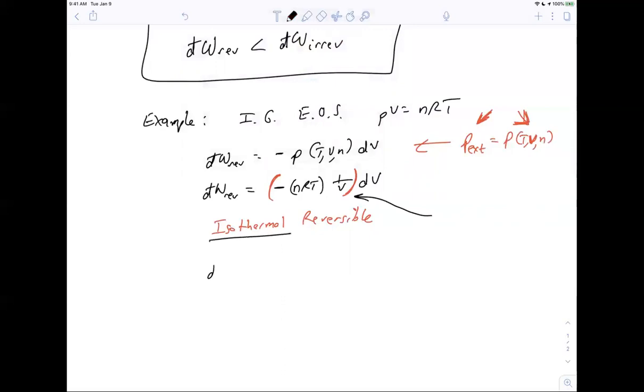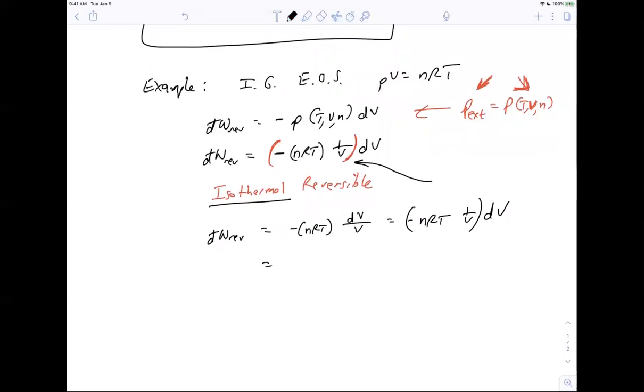So this dW reversible is equal to minus nRT times dV over V, which is equal to minus nRT 1 over V dV. It's all the same, there are two different ways. We can further write this dV over V as minus nRT d natural log of V. Remember, dV over V is just d log V.